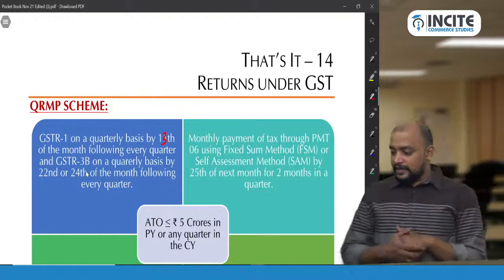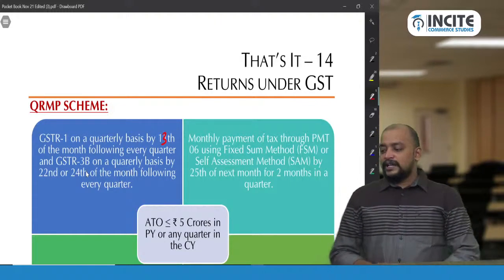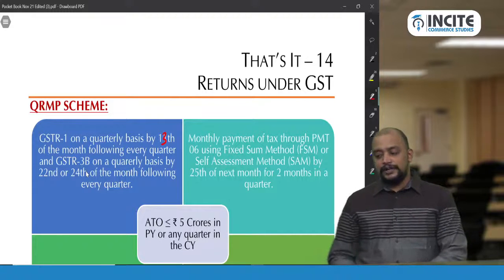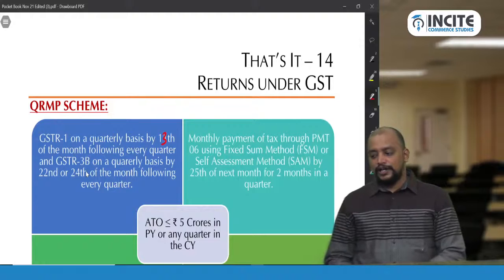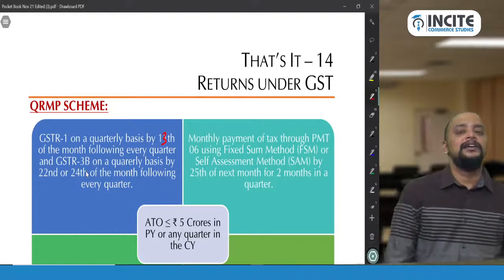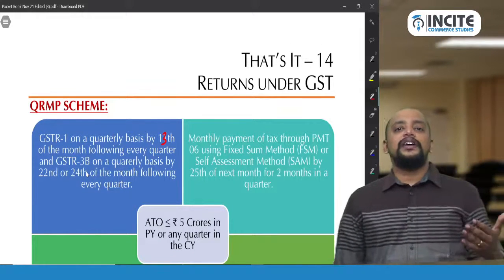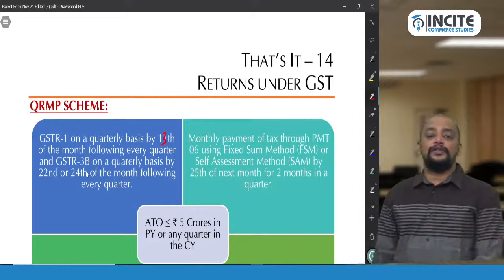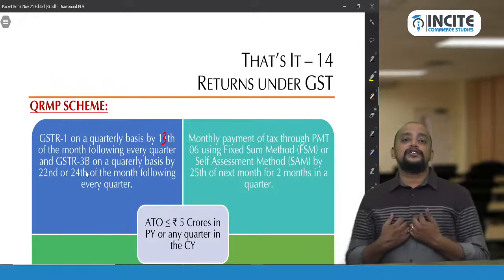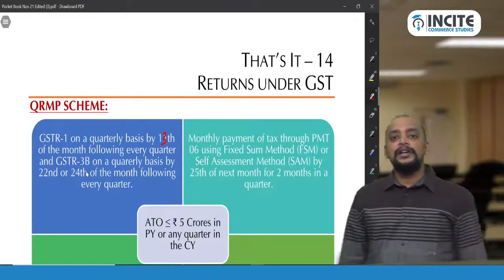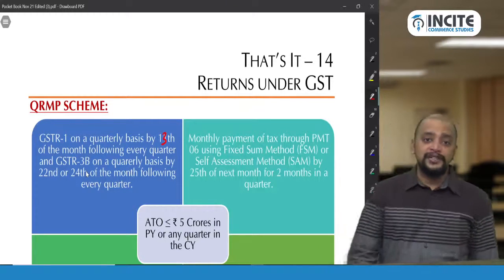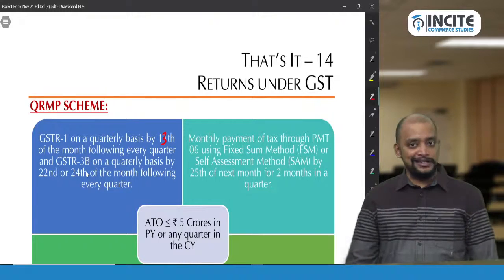Returns under GST. So here there is one query. Sir, if we pay CGST as GST instead of IGST, first we have to pay IGST and then only we can use PMT 9. No, Prasanna, because you are talking about the electronic credit ledger manner of utilization. I am talking about the electronic cash ledger. In the electronic credit ledger only we have the restriction that IGST credit should be utilized first, and then only we need to use CGST SGST credit.